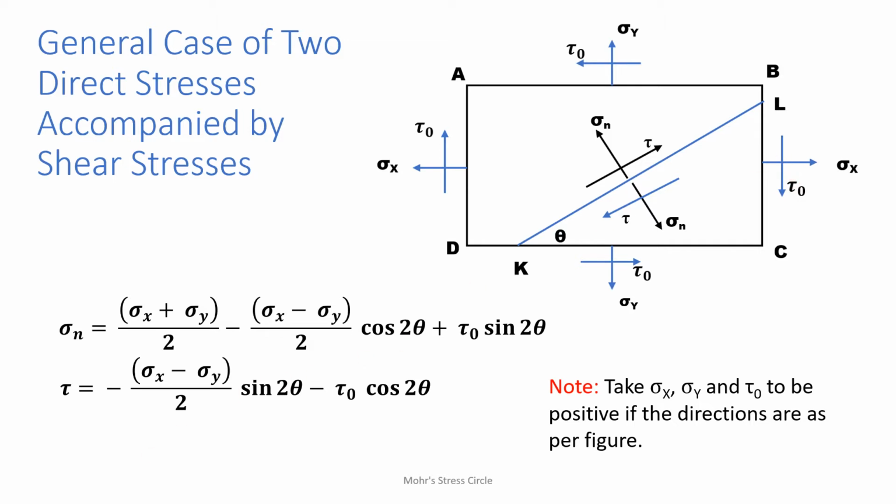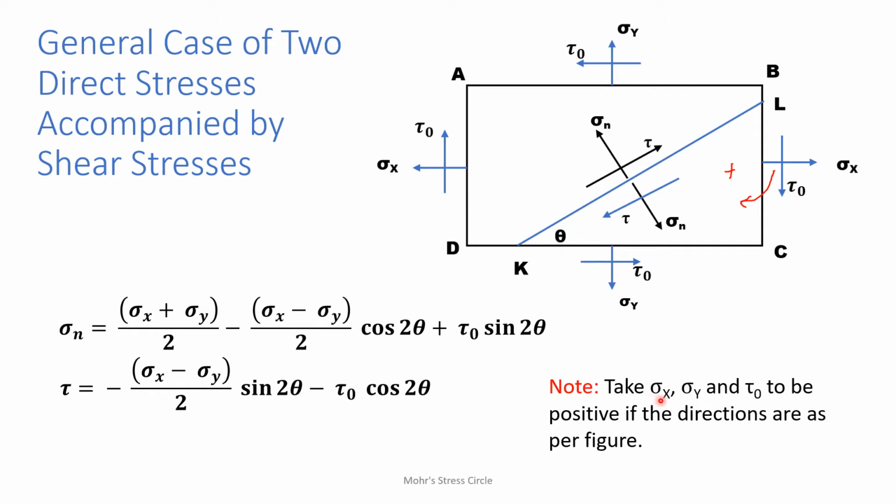Shear stress multiplied by area makes a clockwise couple about a point inside. So the sign convention is the same as we have taken for the derivation of the analytical method.